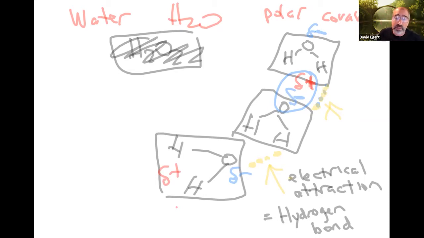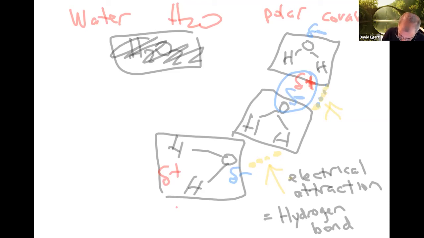So liquid water is all of these waters holding on to each other, but sometimes letting go and grabbing onto another one. This is what water looks like as liquid water. It's a bunch of these little H2Os holding onto each other by hydrogen bonds.